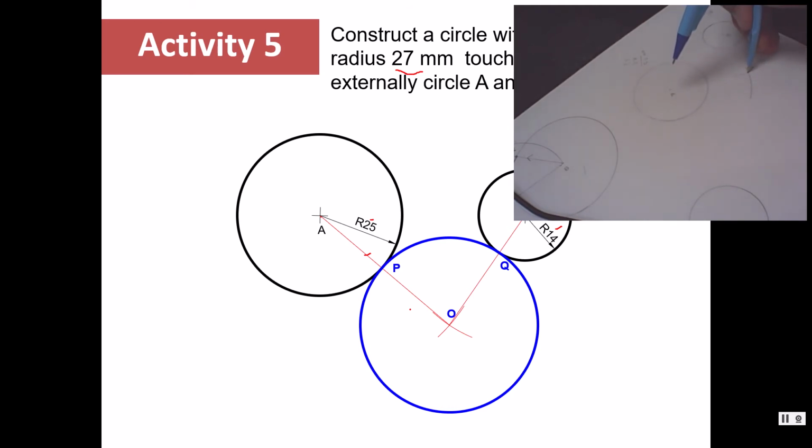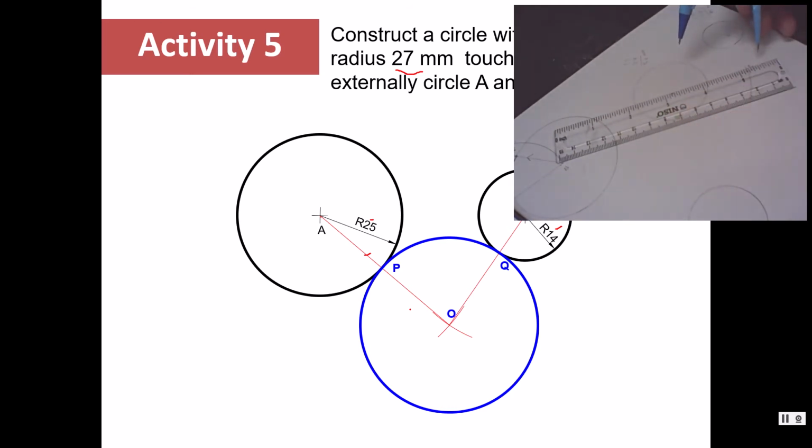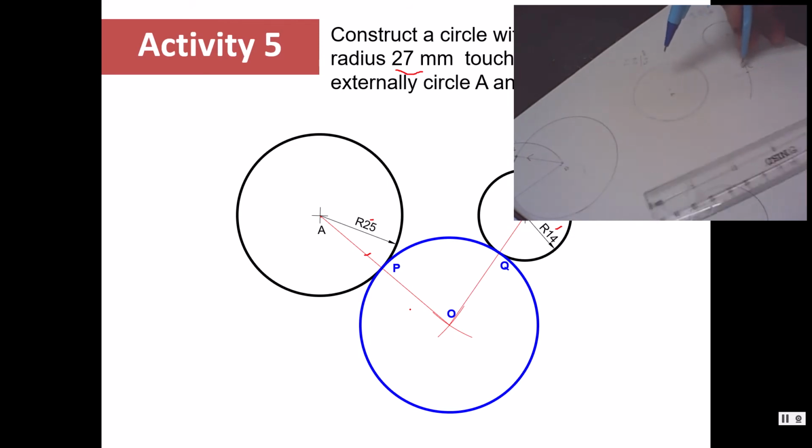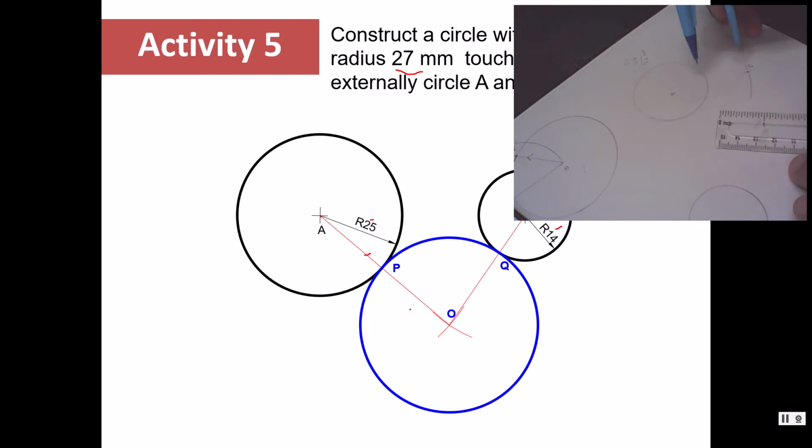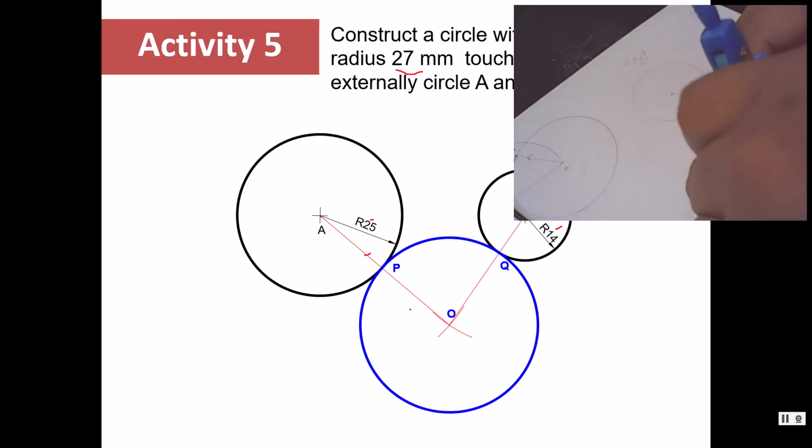So for the circle, you can measure the radius of it, 27, so that it touches the circle that we already drew. Let me just measure it, 27. Okay, so this is 27.